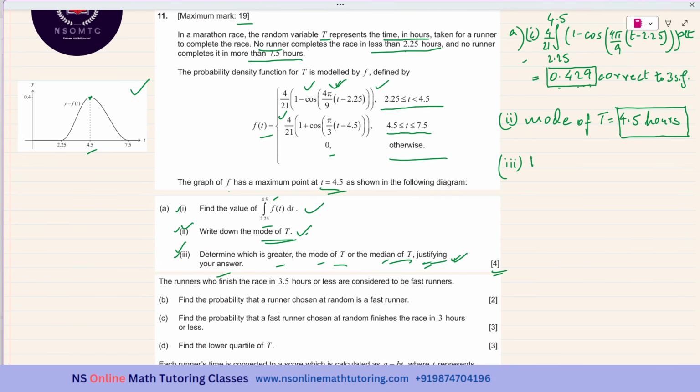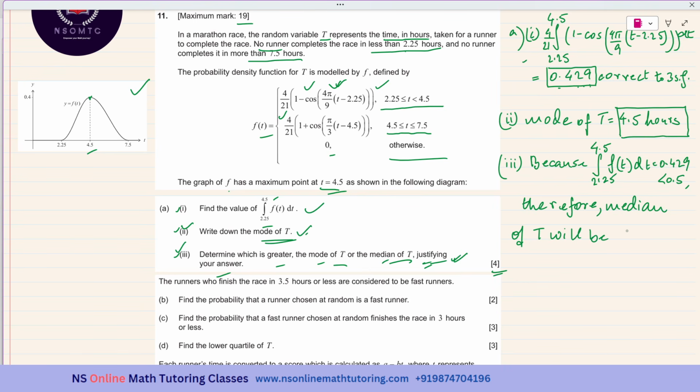So, because the integral from 2.25 to 4.5 of f(t) dt is equal to 0.429, which is less than 0.5, therefore the median of t will be more than 4.5 hours.